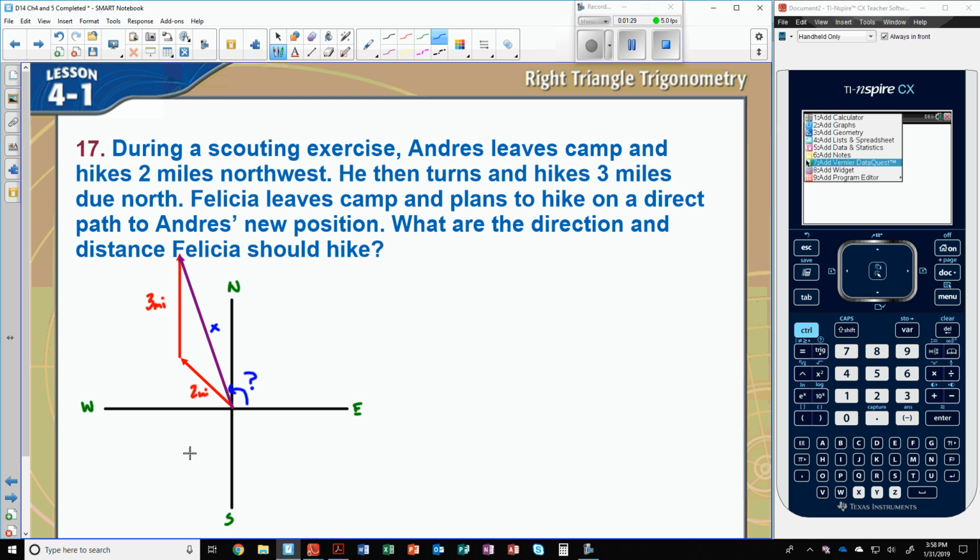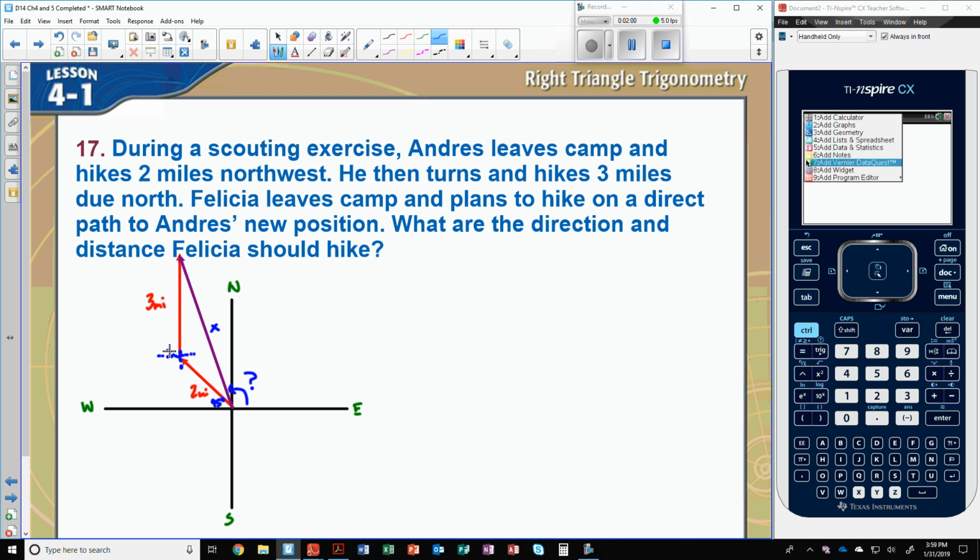Okay, well, I'm going to start off with what I know for a fact. Since this is northwest, I do know that this is 45 degrees here. And so I'll add this over here, that this right here is 45 degrees, as well as 45 from there. I'm going to extend both of these like this.